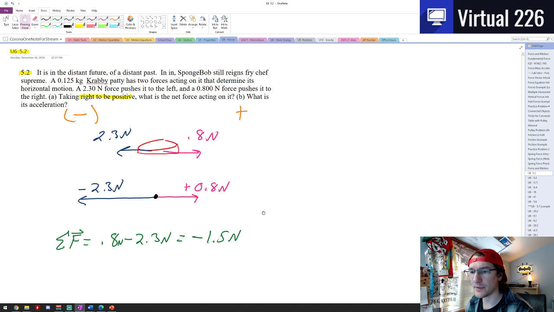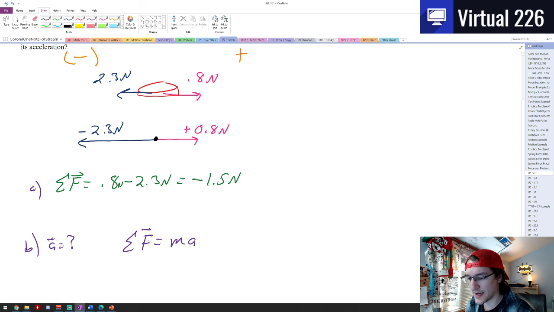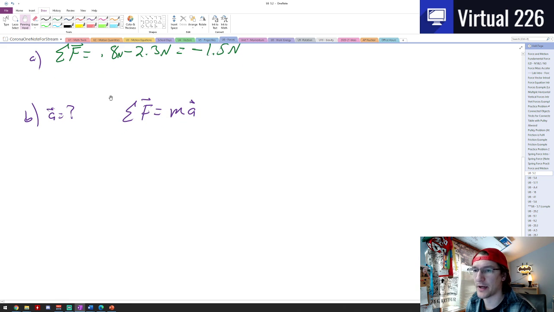If we wanted to figure out the acceleration in part B, so here's part A, and part B, what's the acceleration? We know that the sum of the forces, or F net, equals the mass times the acceleration of that Krabby Patty. So if we know the force here is negative 1.5 newtons, and the mass of the Krabby Patty is 0.125 kilograms, we can solve for the acceleration.